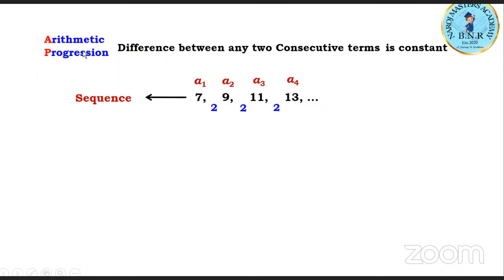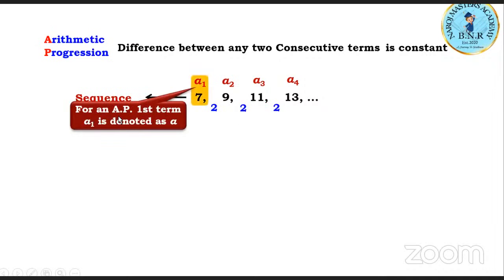We know we have some patterns, but in the pattern, if the difference between two consecutive terms is constant, then those patterns are what we call arithmetic progressions. Now, for an AP, the first term A1 is denoted by A. A1 is also known as A. Both are right only for an AP series.